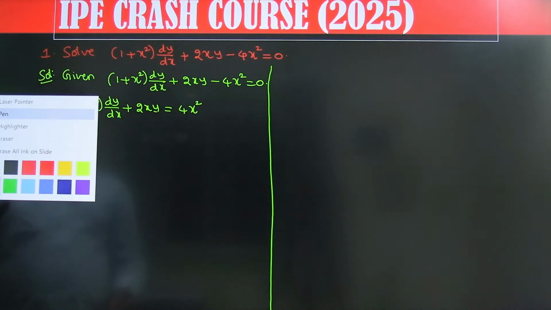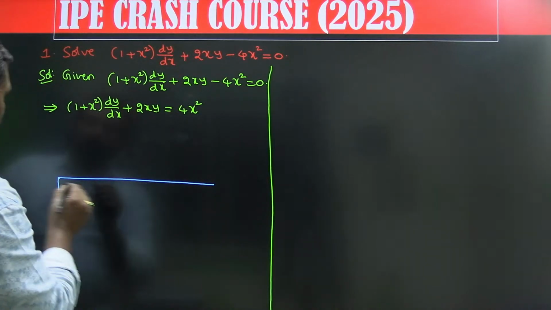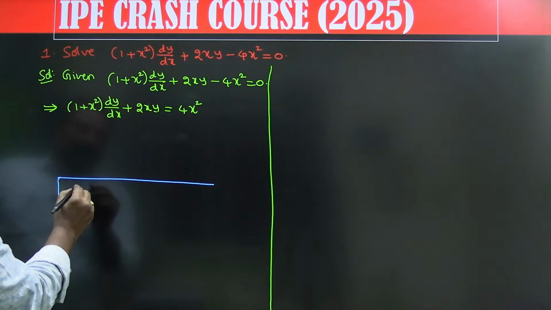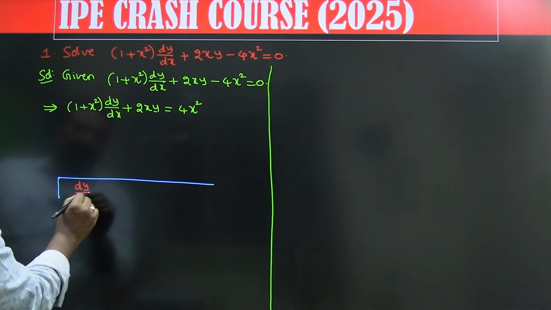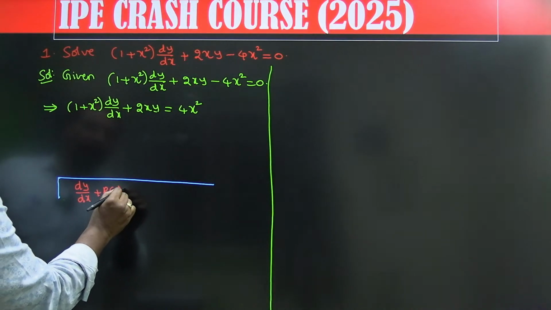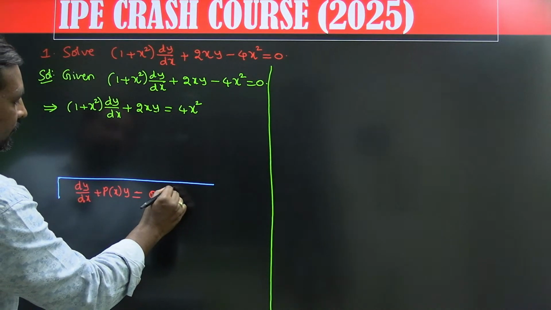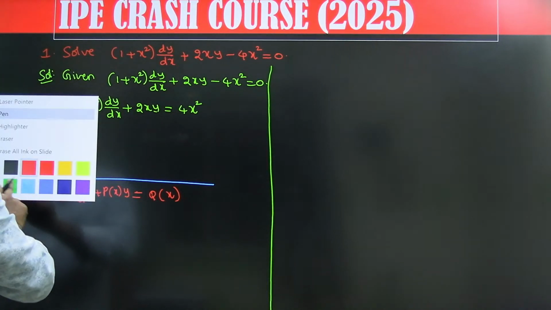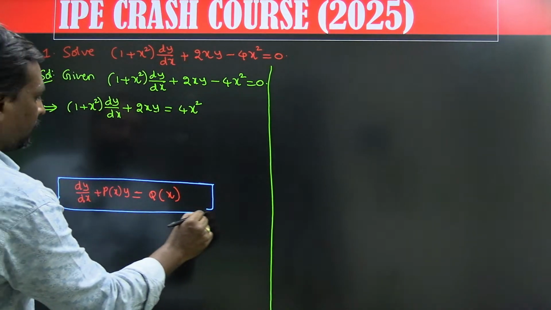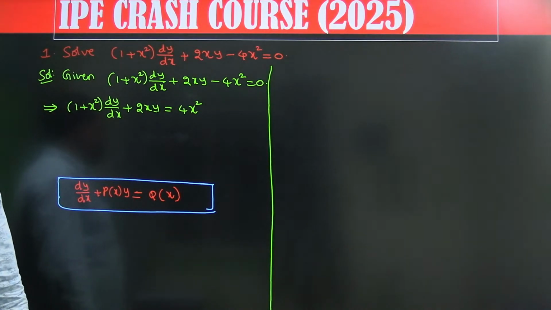So first here I am writing the linear differential equation. What is this? dy by dx plus p of x into y is equal to q of x. This is the linear differential equation. Now we have converted this into this form.